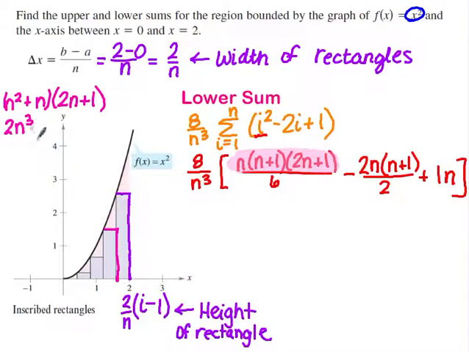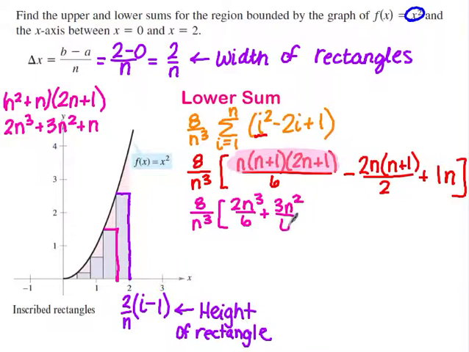2n cubed plus, which is 3n squared plus n. Okay. So that's what that will simplify to be. So I've got 2n cubed over 6 plus 3n squared over 6 plus n over 6.